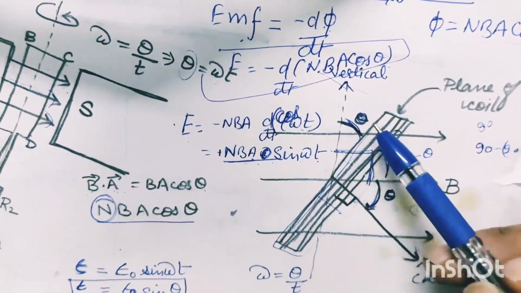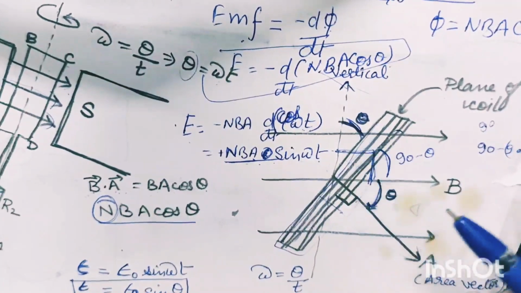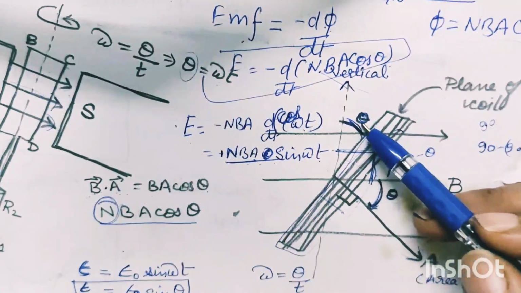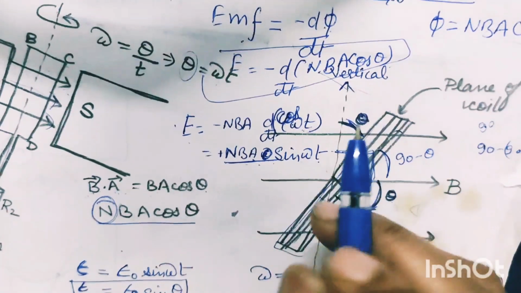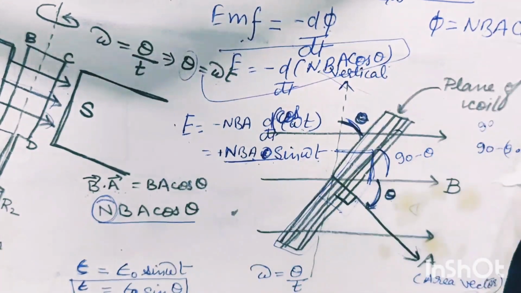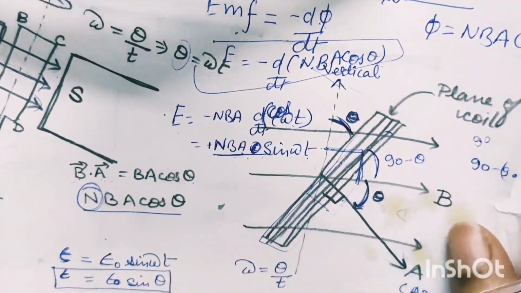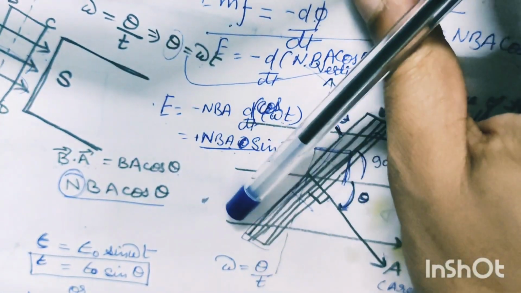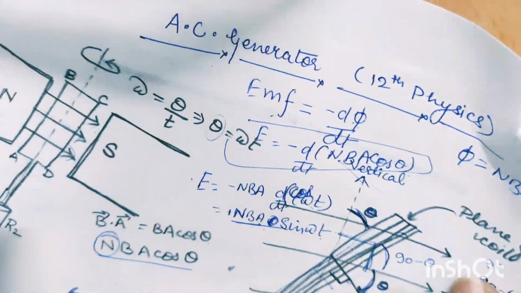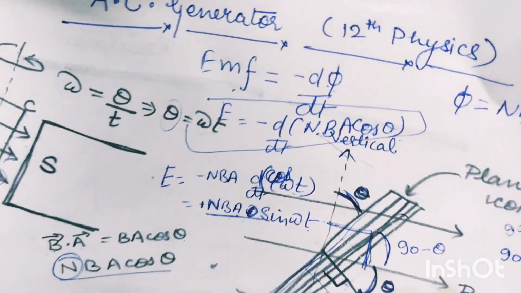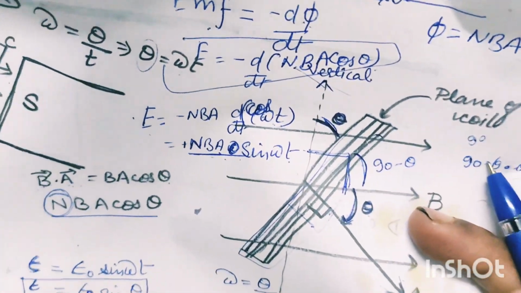So now you can see that this theta and this theta are equal with the help of geometry. Okay. Now moving forward with the mathematics of alternating current, I can show you some more equations.